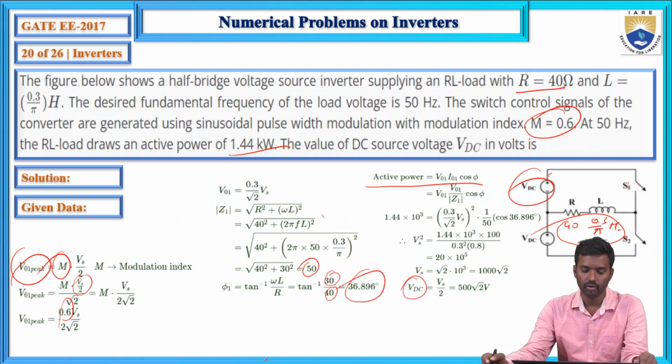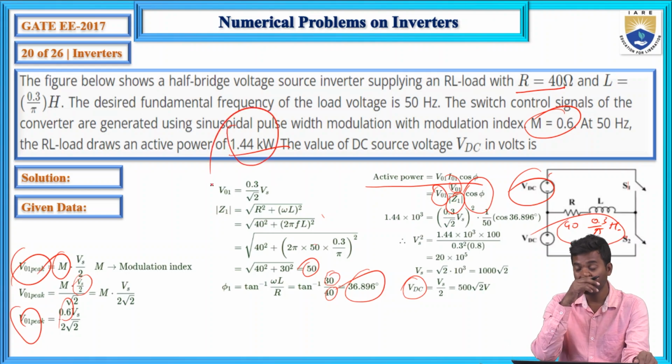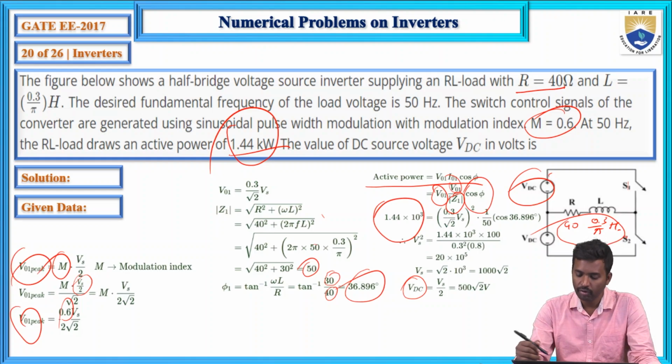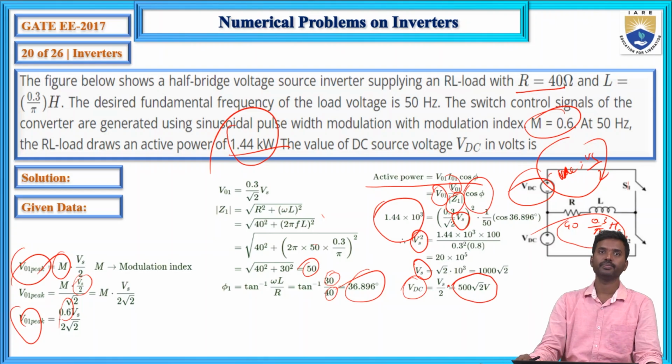Now we know V01, the impedance and cos φ. And the active power is 144 kilowatts. From this you can determine Vs. So Vs equals VDC equals Vs by 2, and that value equals 500√2.